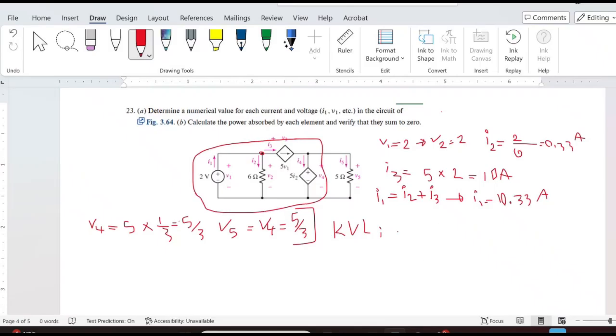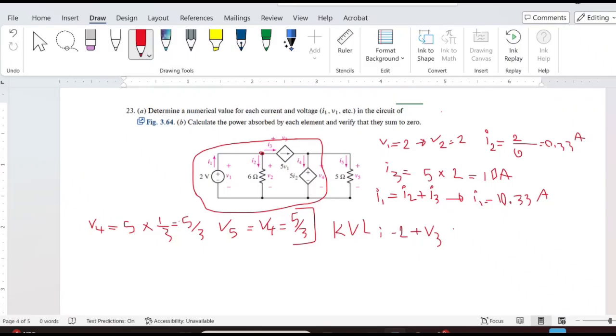So in this loop, I'm hitting the negative terminal of V1, so it would be -2. And then I would hit the positive terminal of V3, so it would be plus V3. And then also the positive terminal of V4, so it's going to be plus V4.